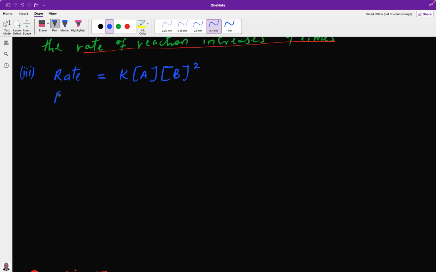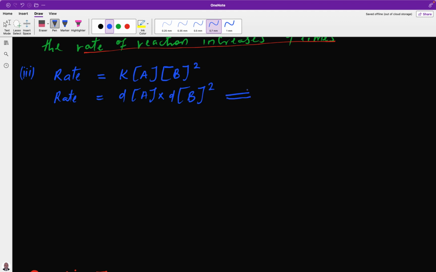So the rate would be a change in A, times a change in B, all raised to the power 2. And we are told, what was the change?